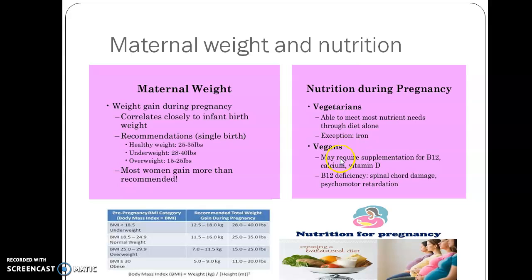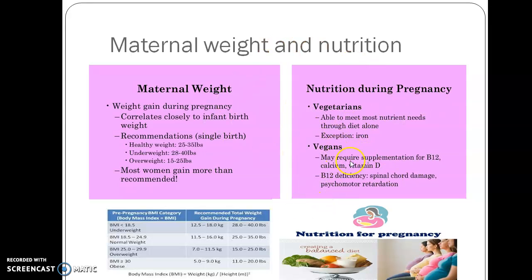Vegans are those who do not consume dairy products or eggs, they only consume vegetables. Vegetarians include milk in their diet, but vegans do not include milk in their diet.